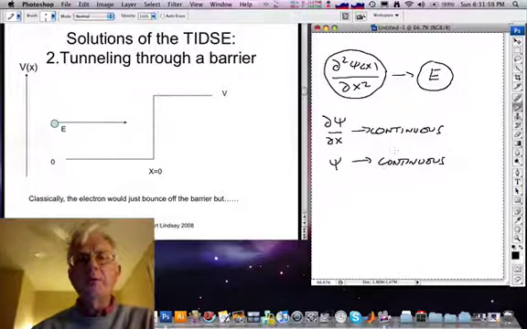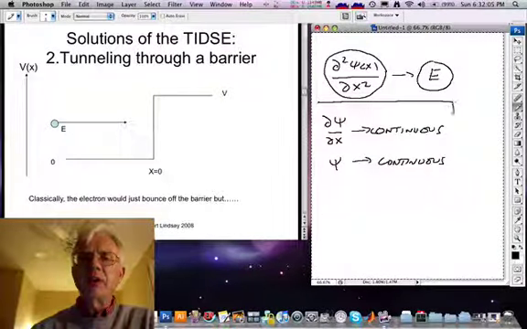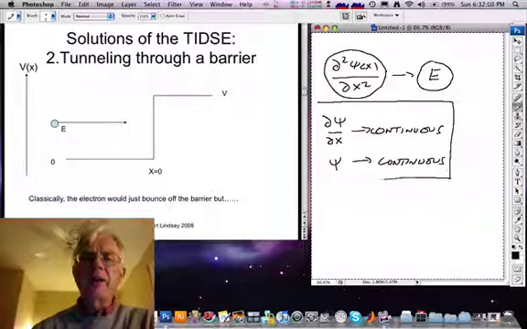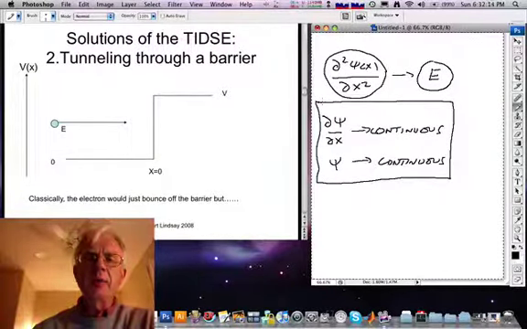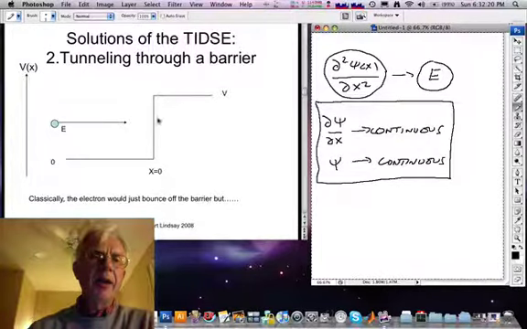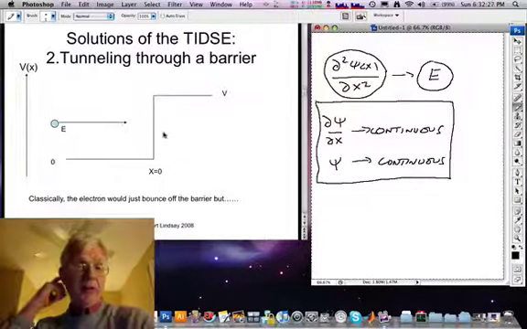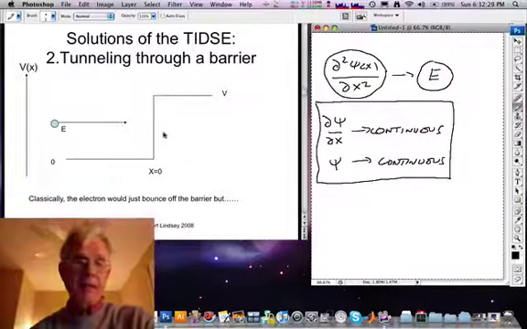So, when we look at problems in which the potential is changing, we are going to use these two boundary conditions, that the wave function and its derivative across some change in potential must be continuous, i.e. we set the wave function just one side of the barrier equal to its value on the other, and the same for the derivative. The second derivative can, of course, and does change.